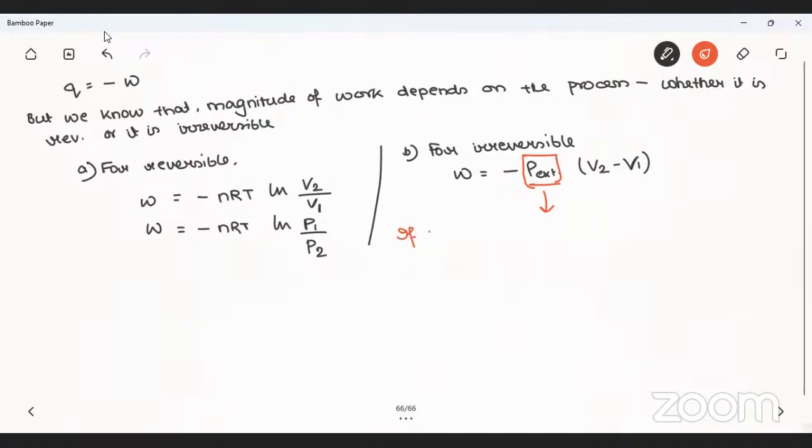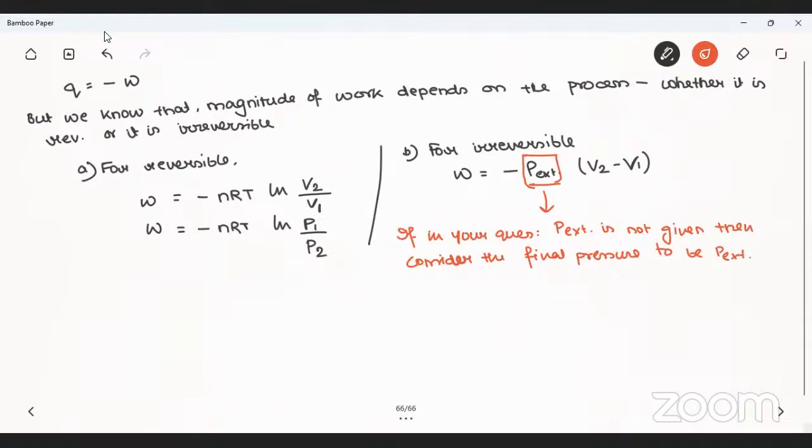If in your question P external is not given, then consider the final pressure to be P external.